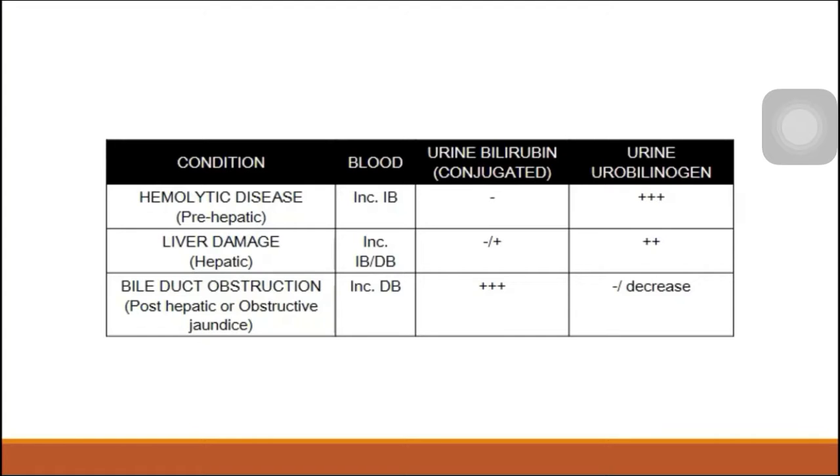Urine bilirubin may be negative or positive, and urine urobilinogen is positive. For the post-hepatic phase, as seen in obstructive jaundice or bile duct obstruction, conjugated or direct bilirubin is increased in the blood. Urine bilirubin is positive, and urine urobilinogen is negative or decreased.